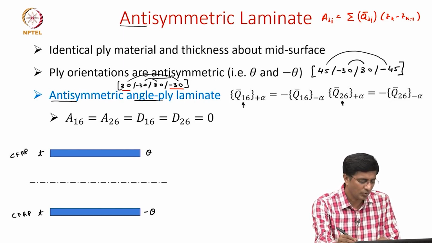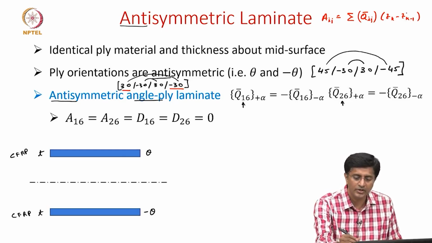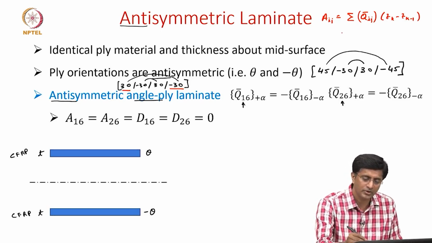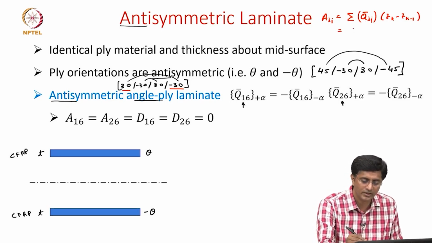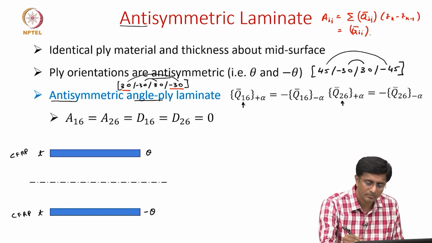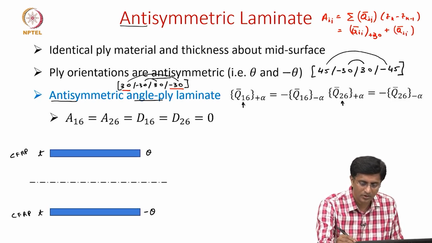Since both the top layer and the bottom layer have the same thickness, we need not bother about these Z terms. We only need to bother about these Q terms. In Q terms, if we are writing it for Qij at plus alpha, in this case plus 30, we need to add it with Qij at minus 30.